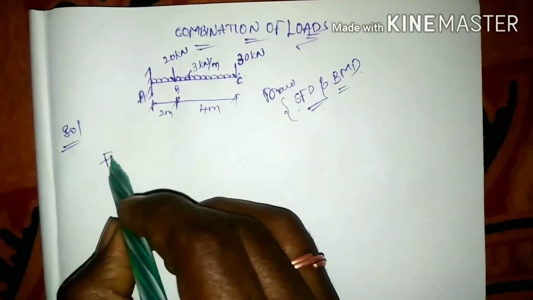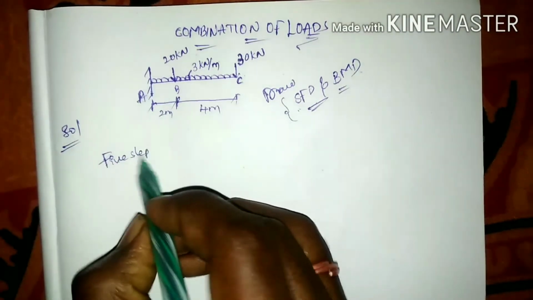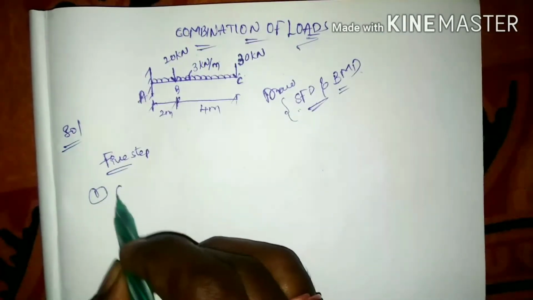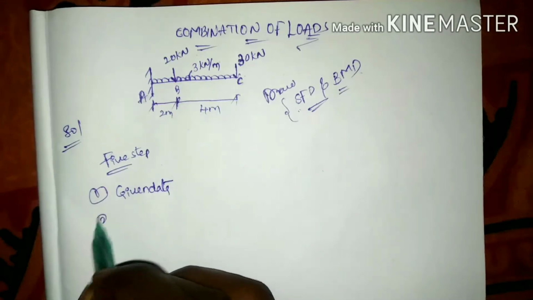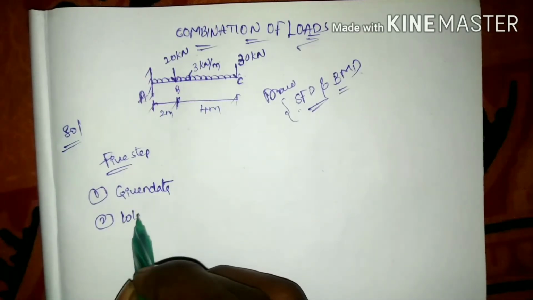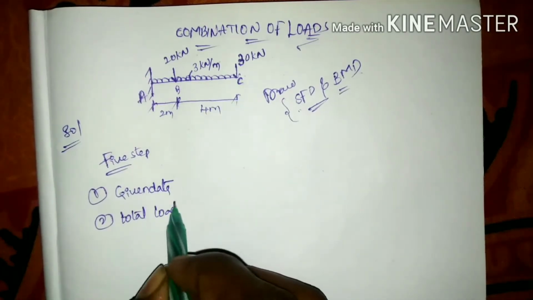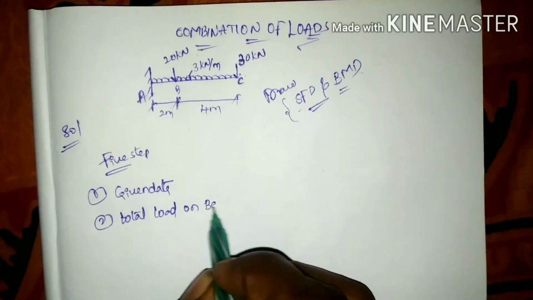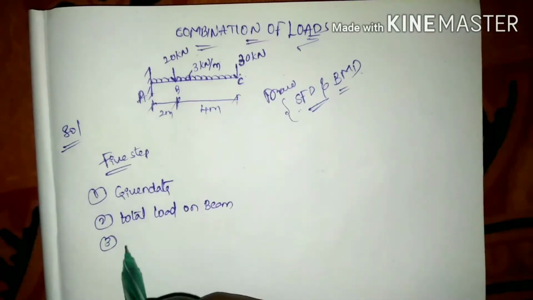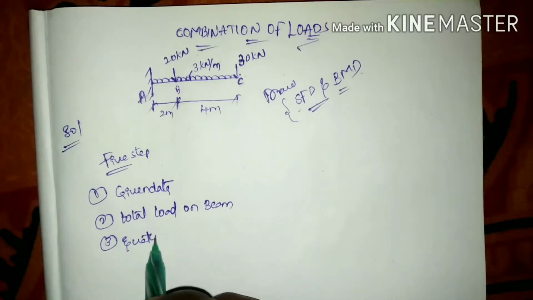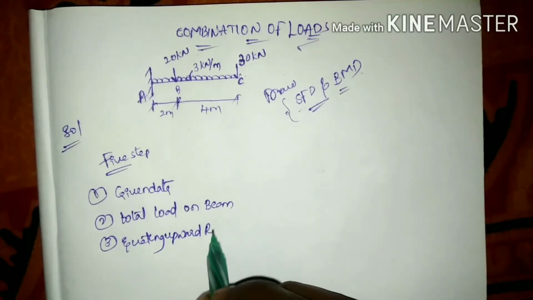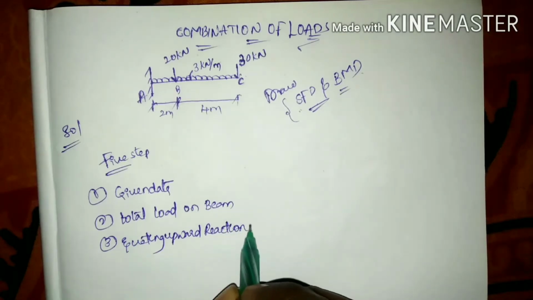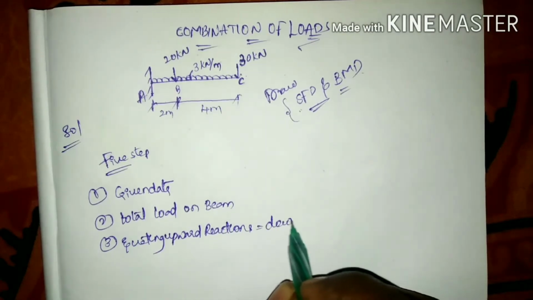According to our 5-step method, number 1, given data. Number 2, total load on beam. Number 3, equating upward reactions is equal to downward forces.